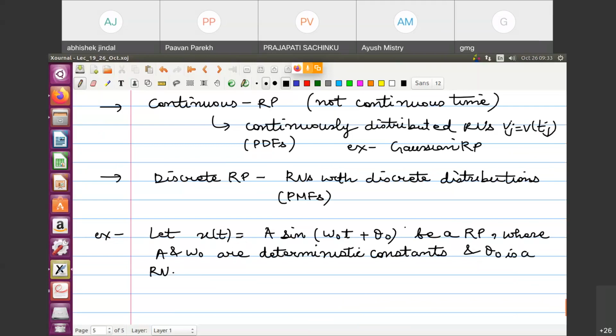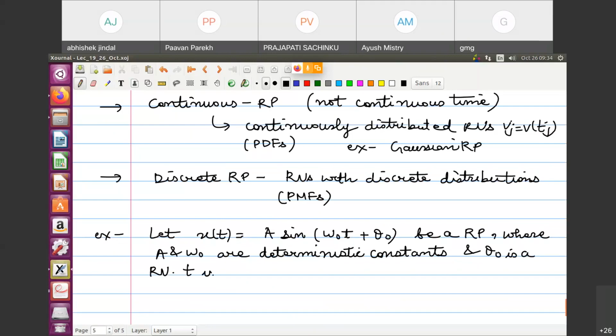Since theta naught is a random variable, whatever value it takes, you will get different time waveforms. A particular time waveform will be deterministic because of the sine function, but it will create an ensemble of waveforms because theta naught is a random variable.